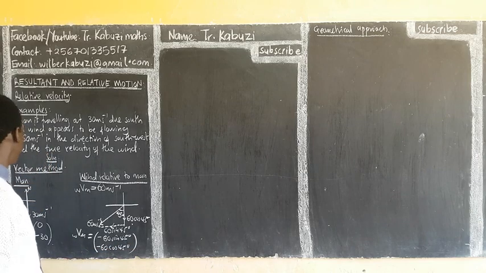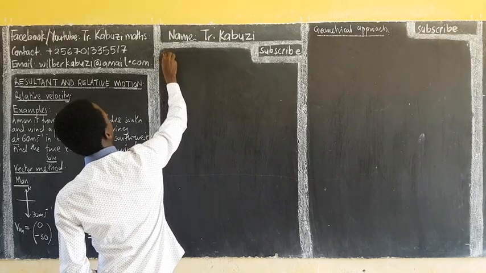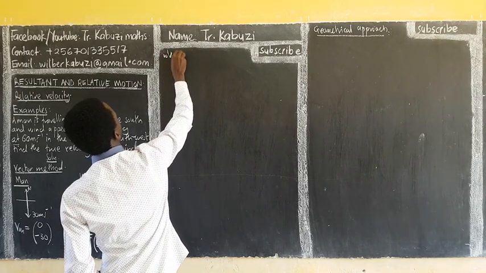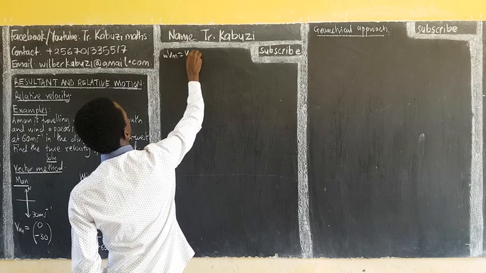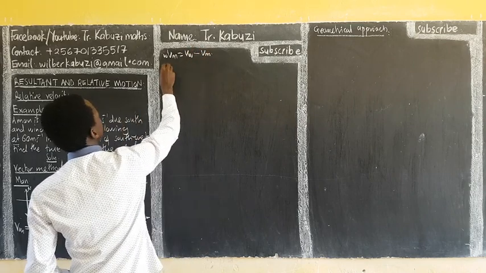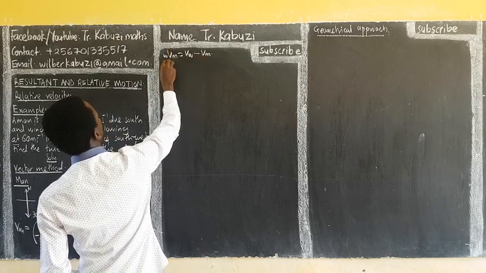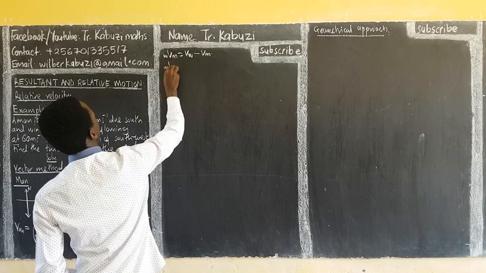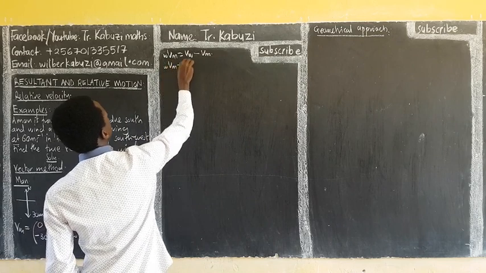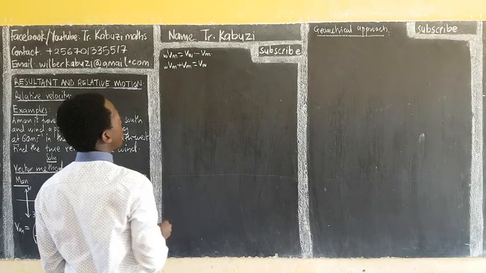So after getting this and this, we know that the velocity of the wind relative to the man is equal to the velocity of the wind minus the velocity of the man. From here you can start. When I take this side, my velocity relative to man plus velocity of the man is equal to velocity of the wind.